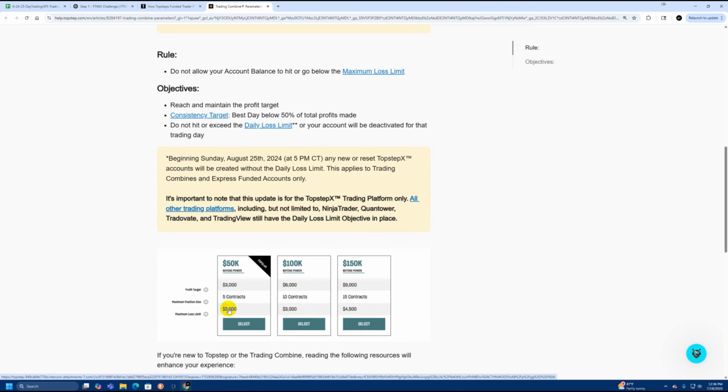Here, the maximum loss limit is 2, your profit target is 3. That's on the 50K challenge. 100K profit target 6, maximum loss limit 3. 150K challenge, profit target 9,000, maximum loss limit 4,500. So we'll just look at this one now, $3,000.